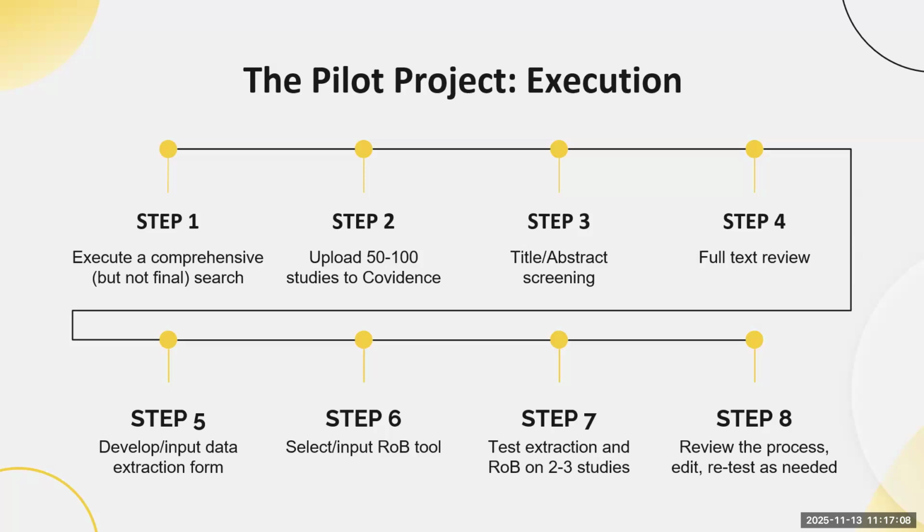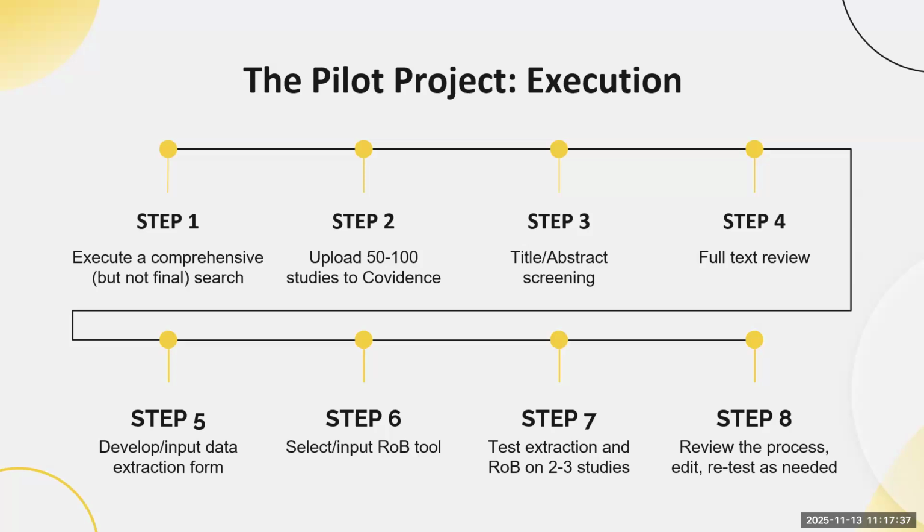The team does title abstract screening, they do full text review, and they should be documenting their process as they go. They develop their data extraction template and decide on their quality assessment tool or tools if needed. These are also input into Covidence so they can test data extraction and risk of bias assessment on maybe 2 to 3 studies.